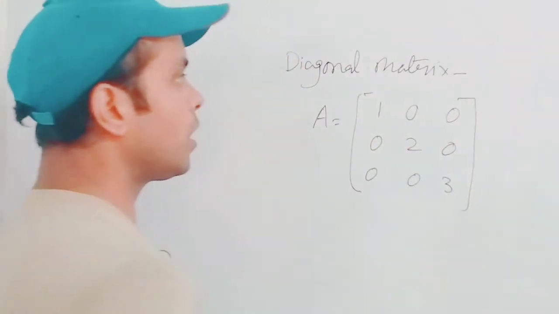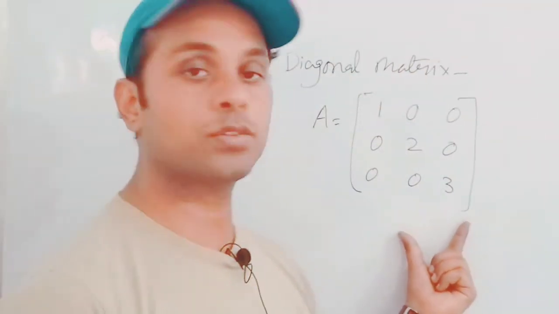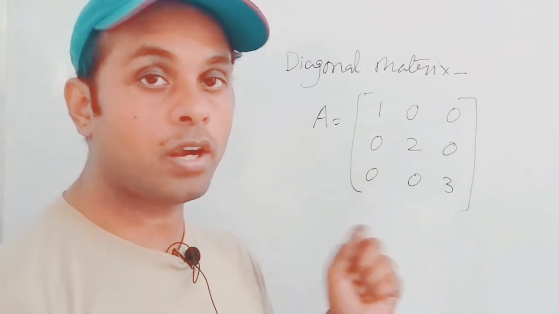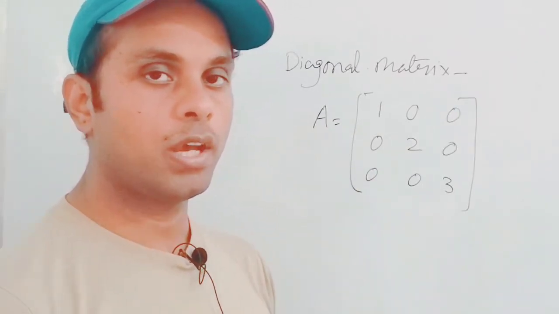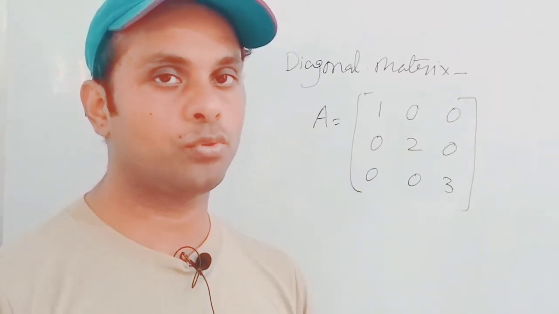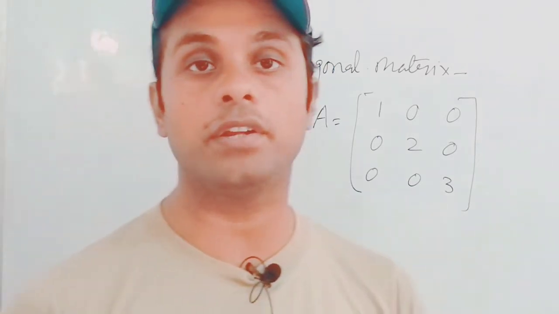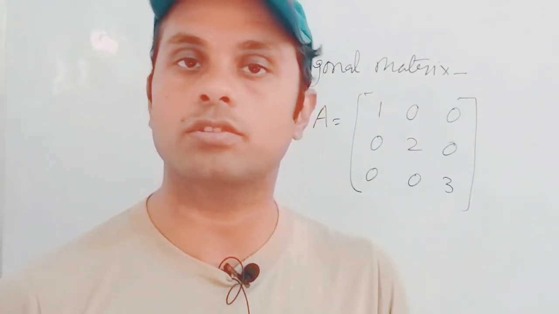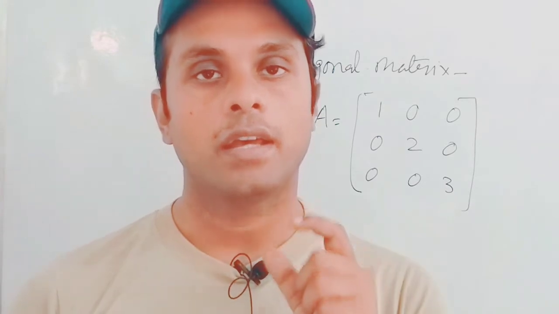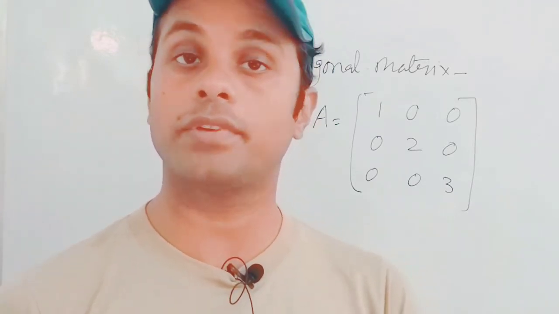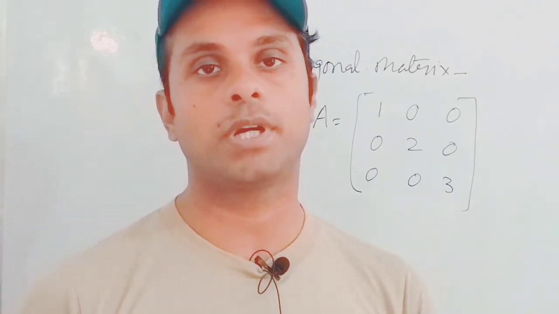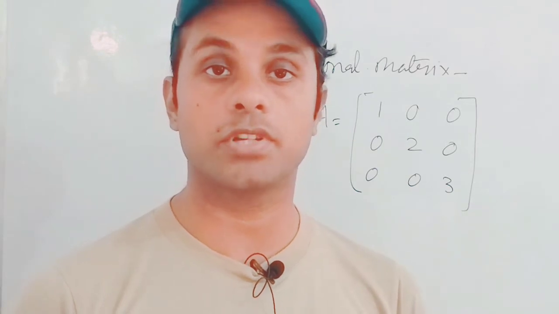I give this as an example of a diagonal matrix. Look, in this square matrix, all the non-diagonal elements are 0 and the diagonal elements are 1, 2 and 3. Diagonal elements may be different, maybe 4, 5 and 6 also. You can take any other different numbers in the diagonal, but all the non-diagonal elements must be 0.